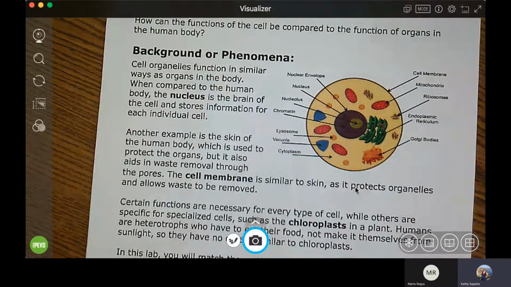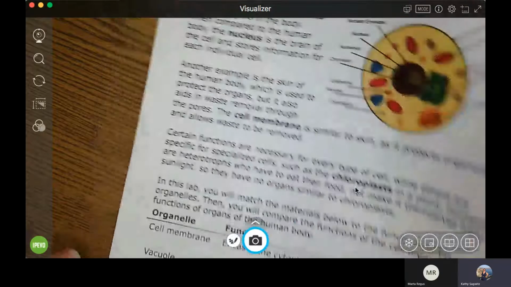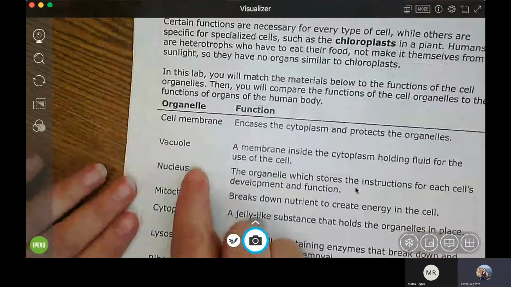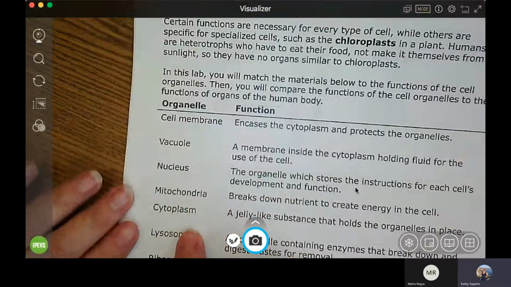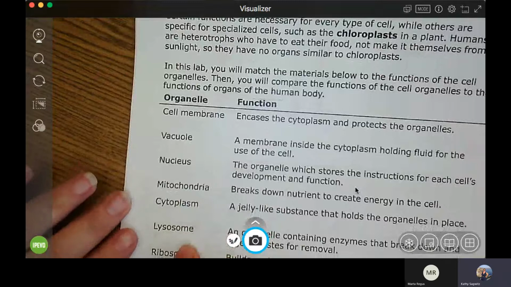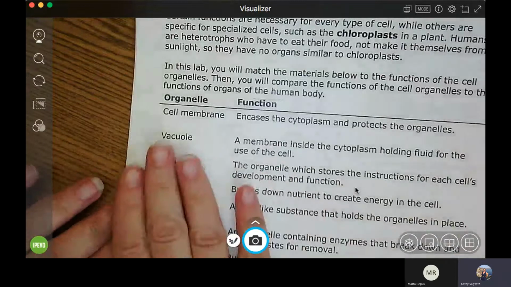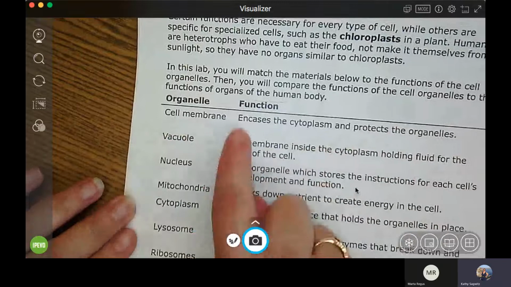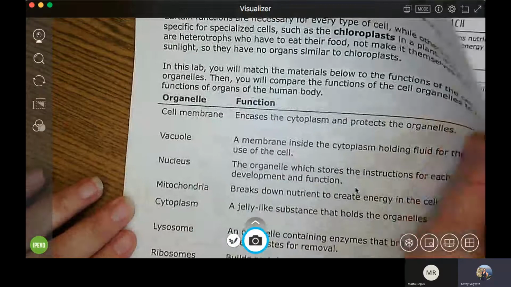So what you're going to do is take these here. We have the cell membrane, the vacuole, the nucleus, the mitochondria, the cytoplasm, the lysosomes, the ribosomes, and the endoplasmic reticulum. You're going to take these organelles, and I've listed their functions here for you.